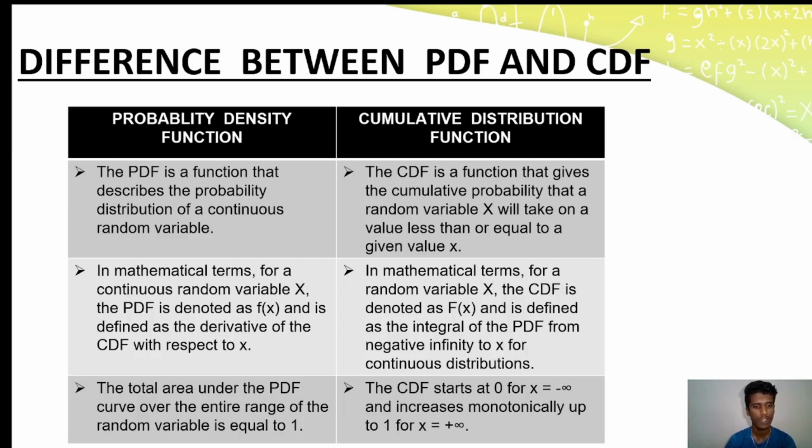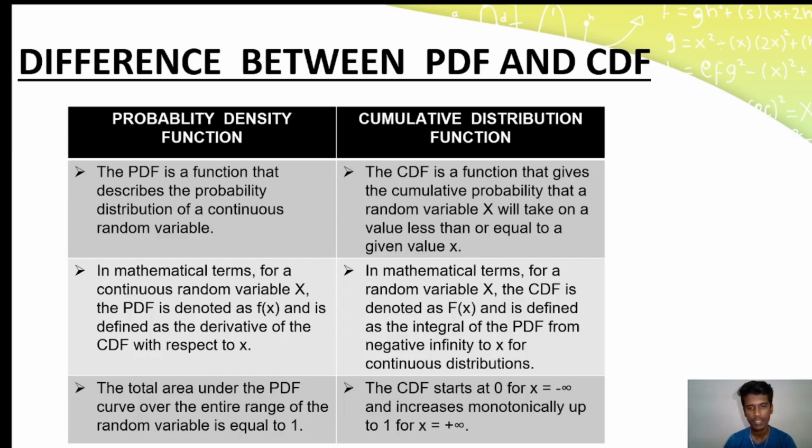PDF is the derivative of the CDF. In CDF, the mathematical term for a random variable x is denoted by capital letter F of x, and in PDF it is denoted as small letter f of x.